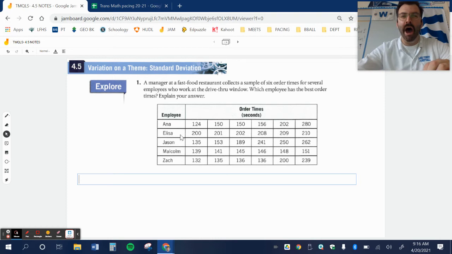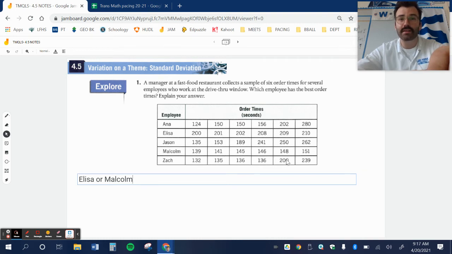If I continue to look at this, Elisa has the most consistent time. Okay, the most consistent time. So personally, I would have said Elisa or Malcolm is extremely consistent, from like 140 to 150 pretty much. That's pretty consistent.